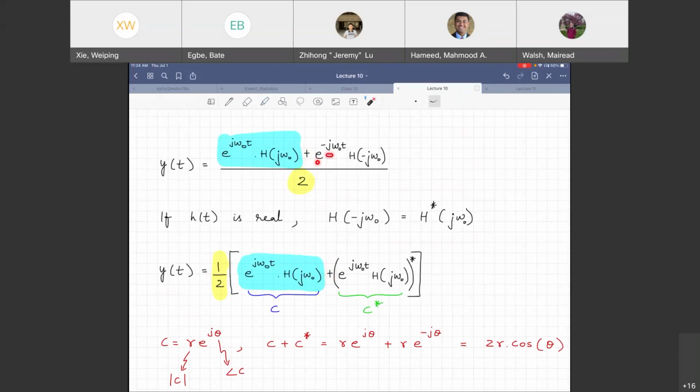E to the minus j omega naught t, H of minus j omega naught. I know that this equals what? This conjugate, right? So I'm writing that over here. Conjugate operator is pulled outside. This guy, I'm taking it over here, but again, the conjugate operator is outside, right? You see that? So all of this, using this, is here.